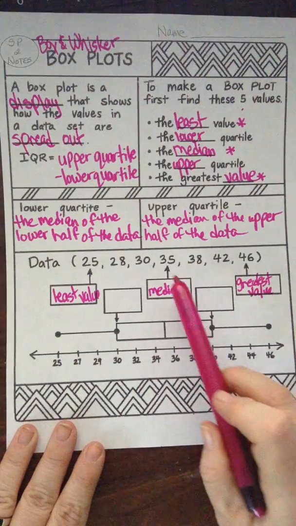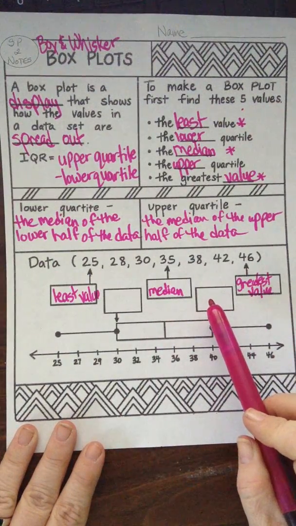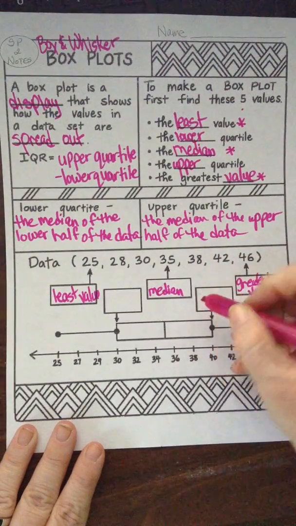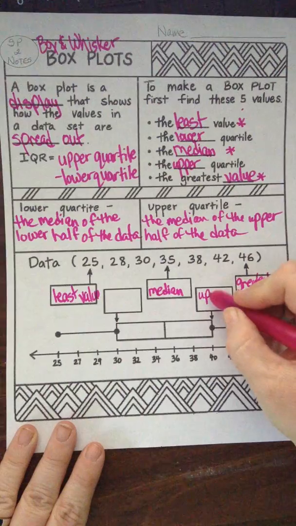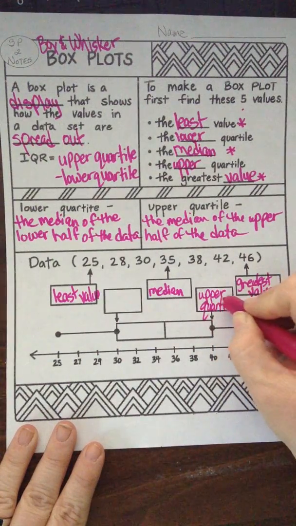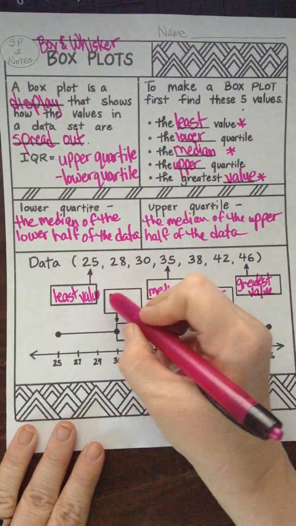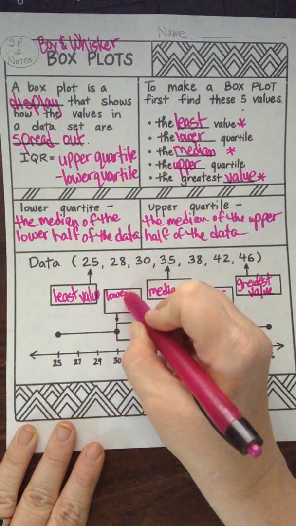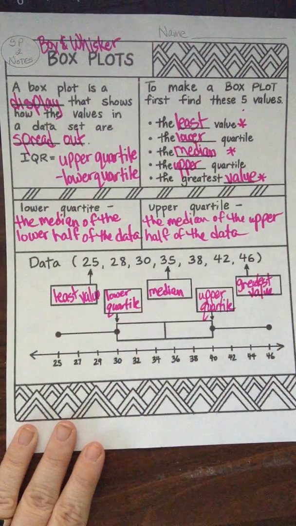When you go from here to here, what's in the middle? The median is, this is our upper quartile. And then this one, halfway between the smallest and the median, is our lower quartile.